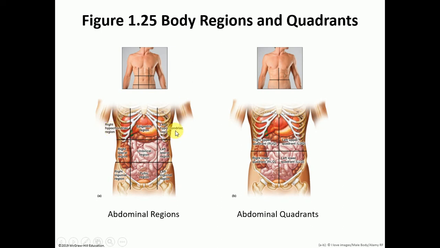And then these are the lateral regions. So right and left lateral regions. These are found on either side, on the flanks, on the sides of the umbilical region. And then on the two sides of the pubic region, we have the right and left inguinal region.